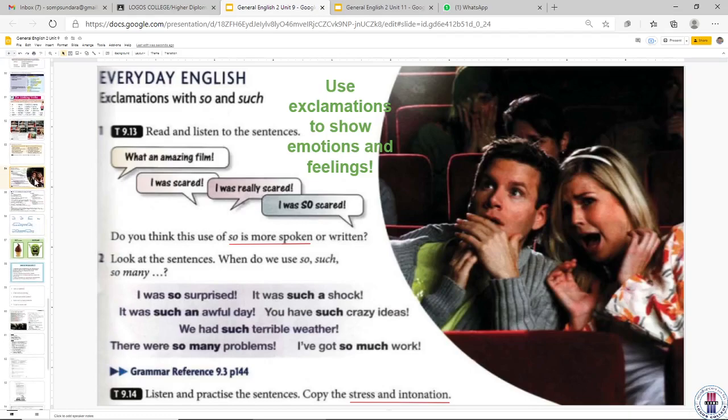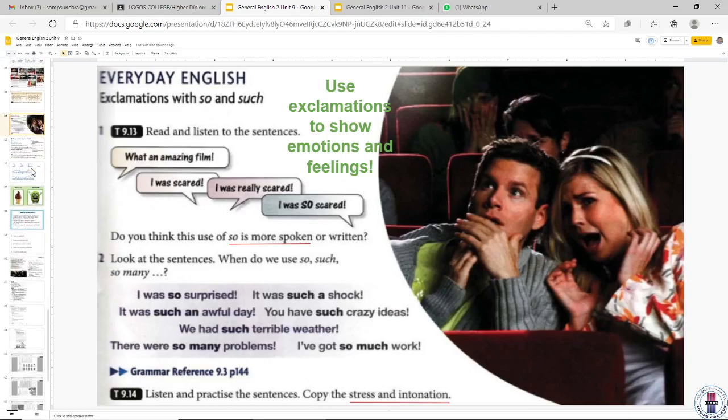Let's finish this unit. It says everyday English, and they want to talk about exclamations with such, so, and such. So what are exclamations? We use exclamations to show emotions and feelings. This right here, that's an exclamation.